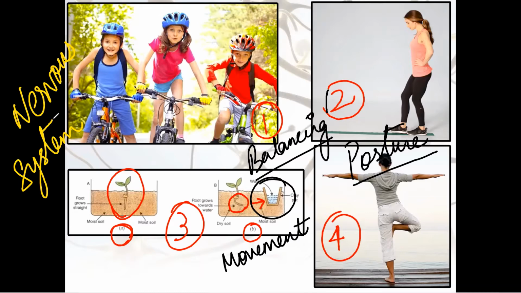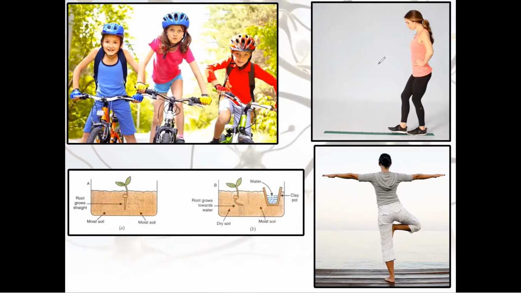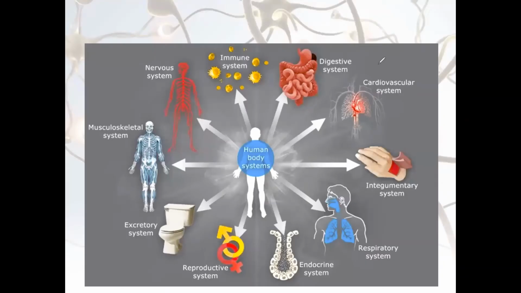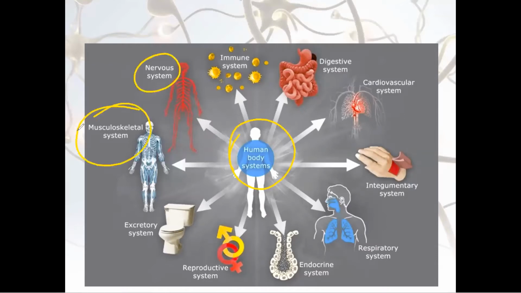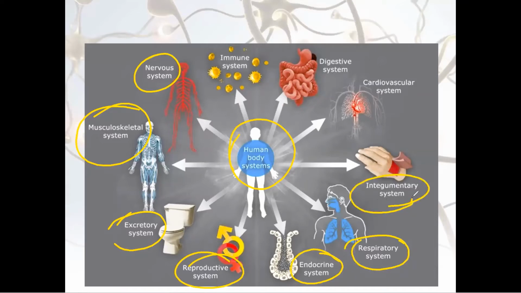Okay, clear? So let's move ahead. Our human body is composed of many types of systems: the nervous system, musculoskeletal system, excretory system, reproductive system, endocrine system, respiratory system, integumentary system, that means the layers of muscles, and internally we have the endocrine system and others. Then the cardiovascular system, digestive system, and immune system.